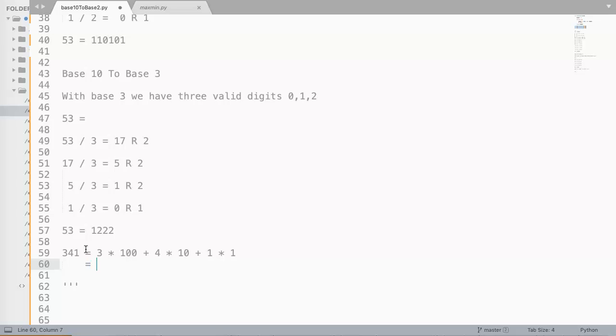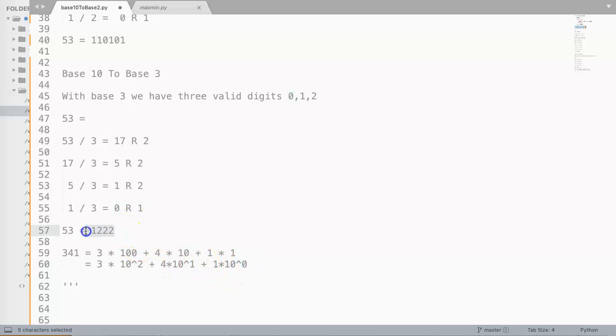We can think about this as 3 times 10 to the power of 2 plus 4 times 10 to the power of 1 plus 1 times 10 to the power of 0. This is how we convert any base value.